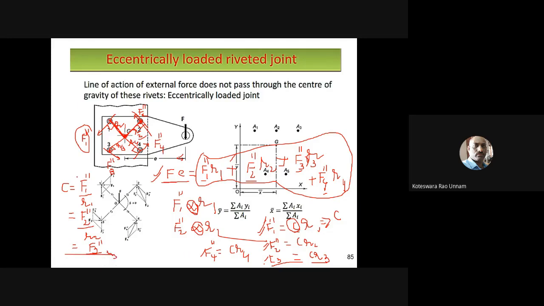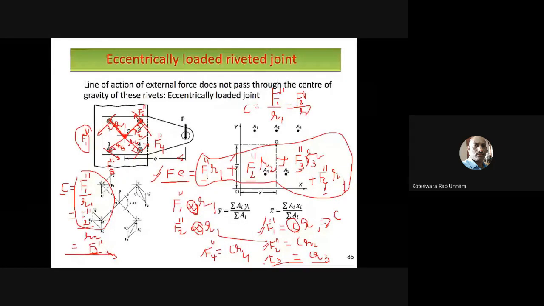If I use these two relations here, these two are equal. Because both are equal to C, we are equating F1 double dash by R1 is equal to F2 double dash by R2. So from this I can generate any number of equations. F1 double dash by R1 is equal to F2 double dash by R2, and this is equal to C only.